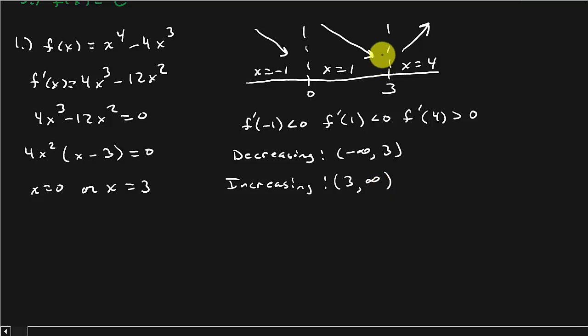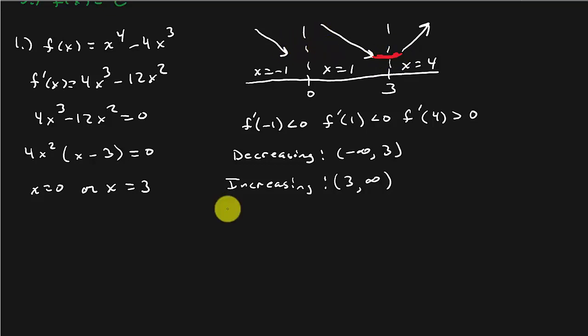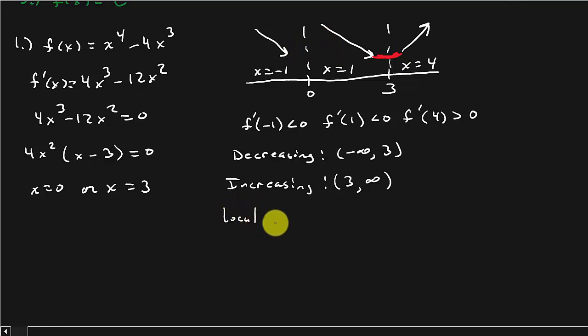Well, we have a local minimum and that's it. It doesn't change anywhere else. So I have a local minimum at 3, and then I need to do what? f of 3. And f of 3 is equal to -27. All right, so there's my local min.